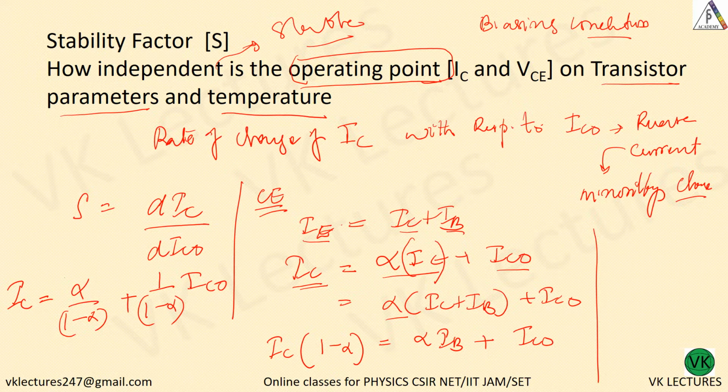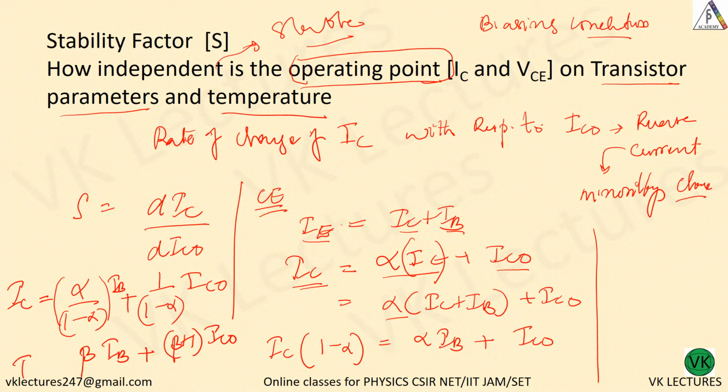And what is alpha divided by 1 minus alpha? That is nothing but beta. And 1 divided by 1 minus alpha is nothing but beta plus 1.